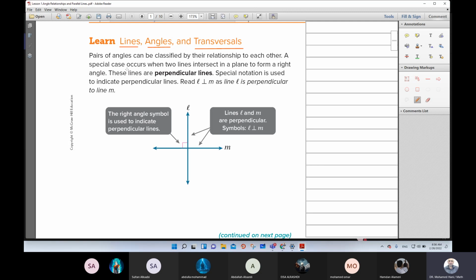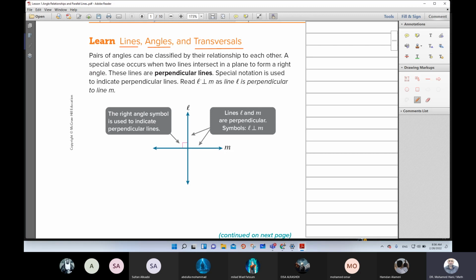A special case occurs when two lines intersect in a plane to form a right angle. These lines are perpendicular lines. Special notation is used to indicate perpendicular lines.